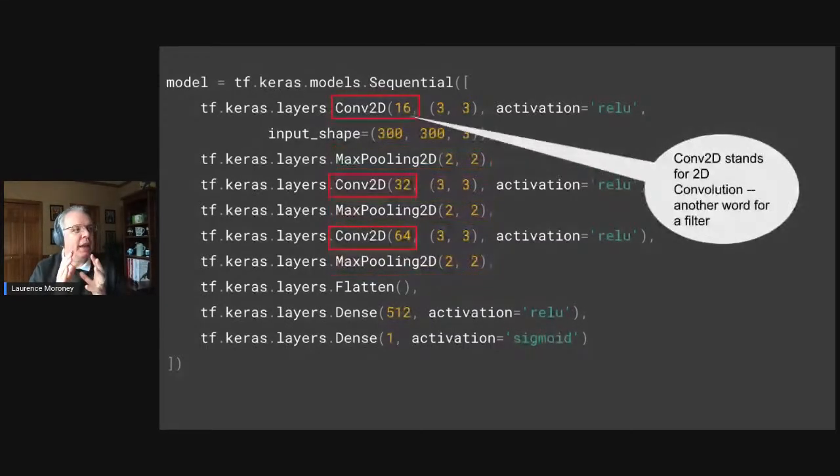So if I go back here for a second and say this one, I pass my image in, and conv2D, and the number after that is a 16, that's actually going to have 16 filters. So if you imagine every image is going to be filtered 16 times on this layer, and that's going to produce 16 images. So if I'm now training with, say, 1,000 images, this layer alone is going to produce 16,000 images. When we look down at the next layer, there's 32 times that.